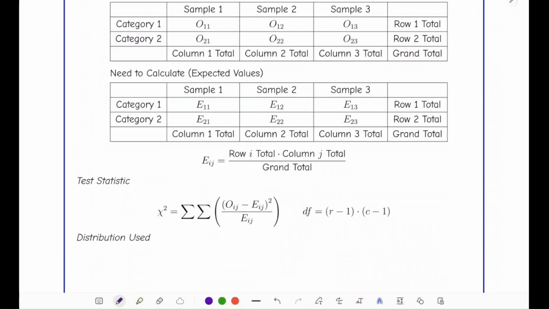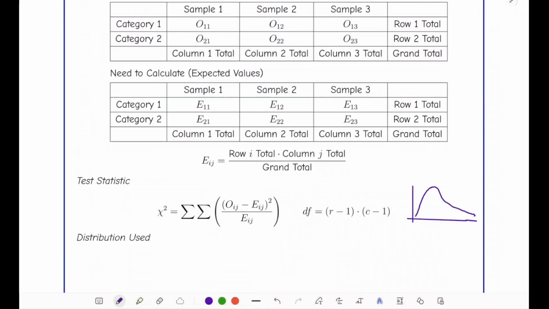Now this chi-squared distribution comes from squaring a t-distribution. So when you square the negative values, they become positive. So just like the F distribution, you're going to get a right skewed distribution that only has positive values.